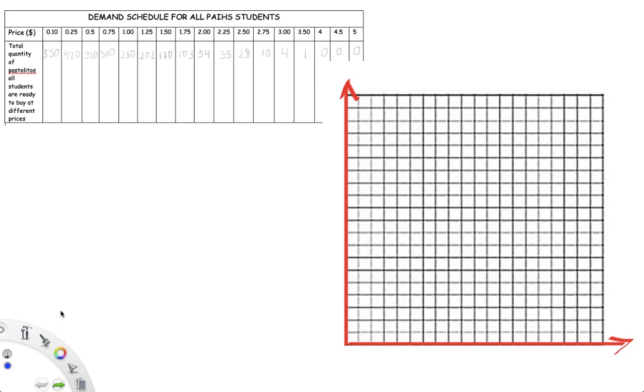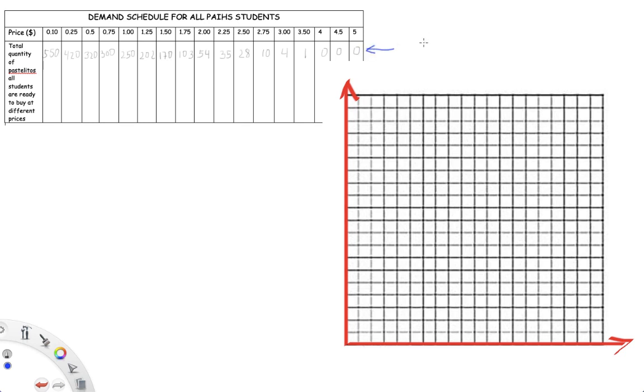So the first thing we have to do is decide which of those two variables, variable 1 and variable 2, will be the input and which one will be the output. Well, usually the first line is input and the second line is output. But when we talk in economics about graphing demand, economists always use the quantity as input.